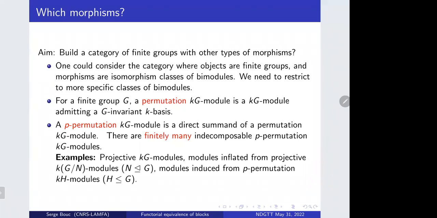You start with a p-permutation module for some subgroup H of G, and you induce it to G. These three procedures give you essentially all the p-permutation KG modules for a given finite group G. You start with a projective module for a subquotient of G, you inflate it to a subgroup of G, and then you induce to the whole group G.